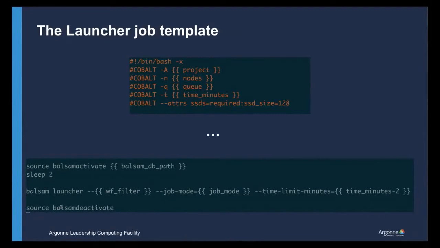What activate will do is check a file that lives alongside your database with the host information. So if the server's already running, it will just connect to the existing one. If the server has gone down recently, it will start a new one up for you. And with source balsam deactivate, the last process to check out will shut the server down if no one else is talking to it.